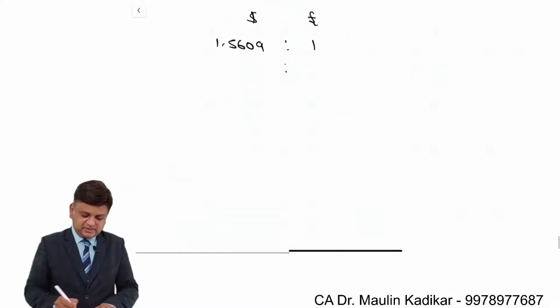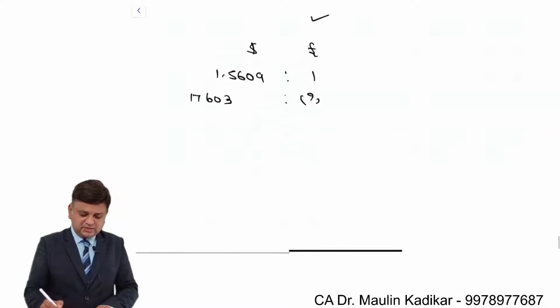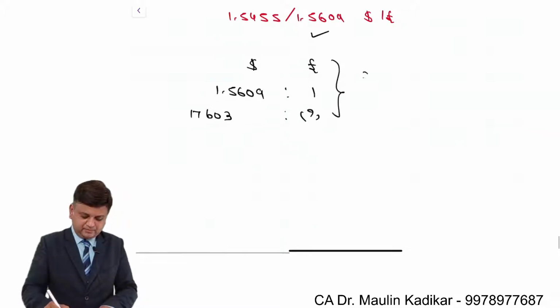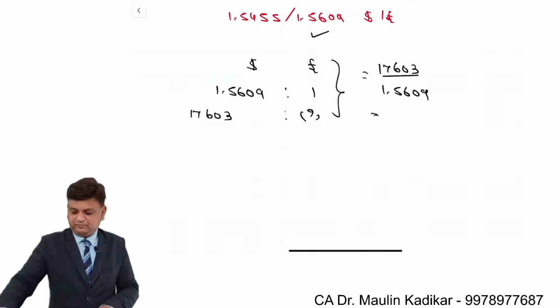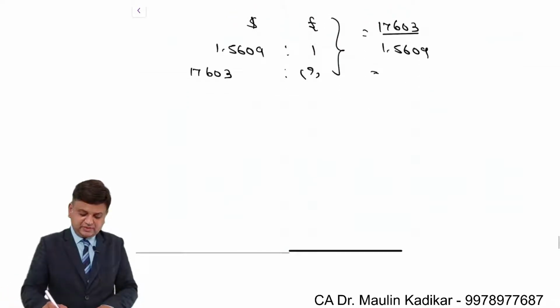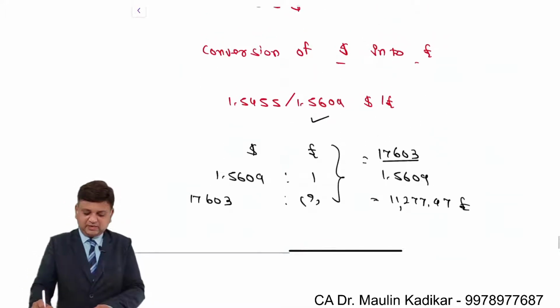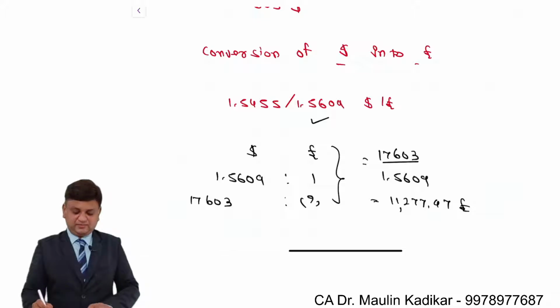So 17,603 is equal to this amount of pound. 17,603 into 1, that does not make a sense, divided by 1.5609. So 11,277.47 pound. This is the amount of the pound that you will receive.